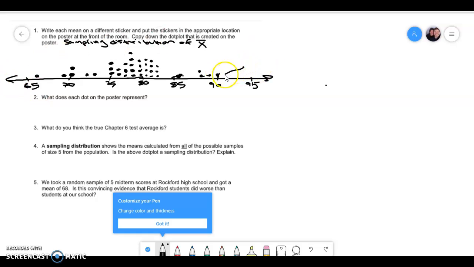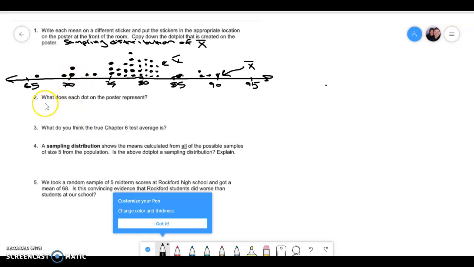Like we could, for instance, label this as 1 sample mean. This could be a second sample mean. Just like that. So our sampling distribution is made up of 40 different dots, so that's 40 times that I took a random sample of 5 test scores from my large, well, our class isn't large, but let's imagine that we had a large class size.